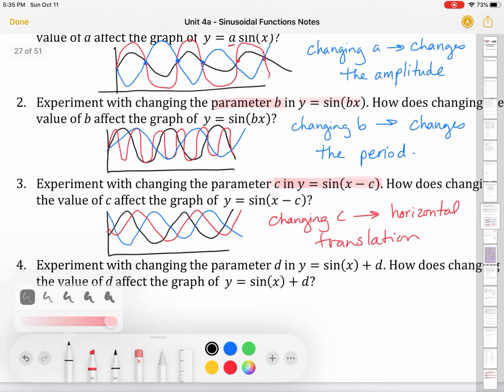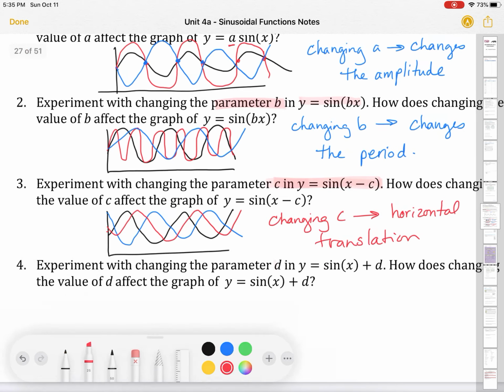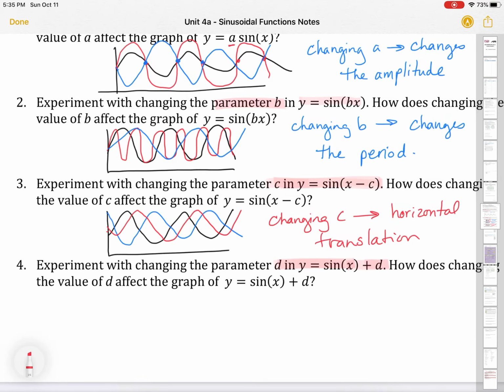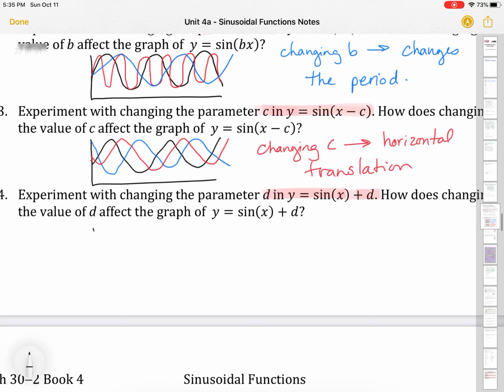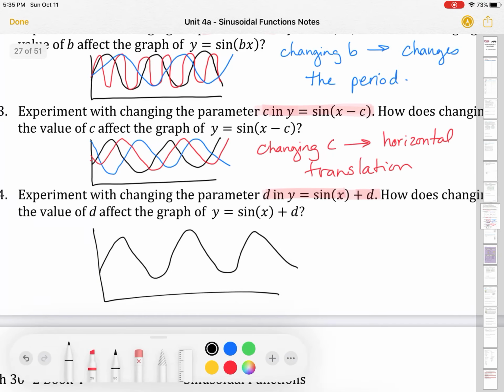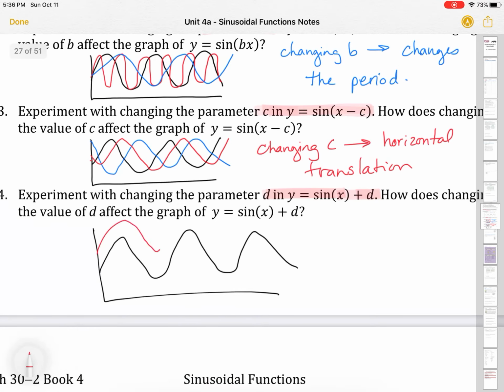And finally, we're going to experiment with changing the value of d in y is equal to sine of x plus d. And how does changing d affect the graph? So we have our graph, and what we're going to notice is that if we change d, we get a vertical translation.